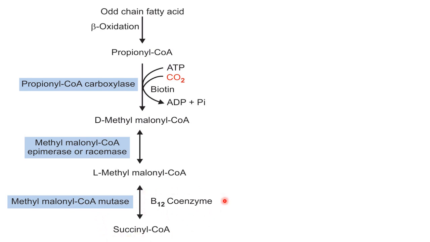So if there is any deficiency of vitamin B12, then the conversion of L-methylmalonyl-CoA to succinyl-CoA does not occur. So there will be accumulation of methylmalonyl-CoA in the blood, as well as excretion of methylmalonyl-CoA in the urine. This is how propionyl-CoA gets converted to succinyl-CoA, and this succinyl-CoA is a constituent of the TCA cycle.